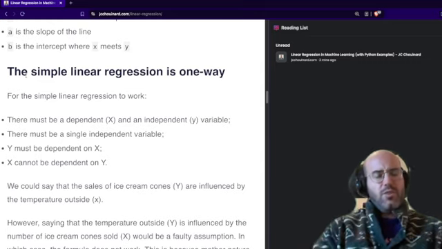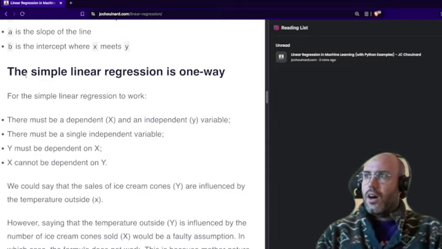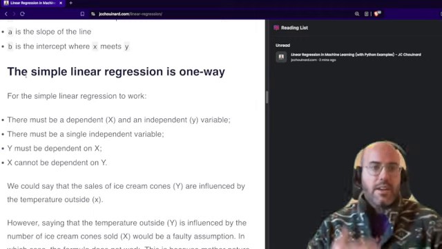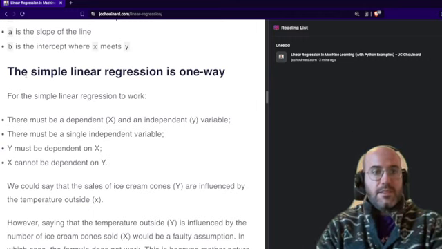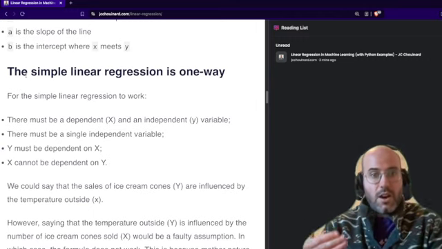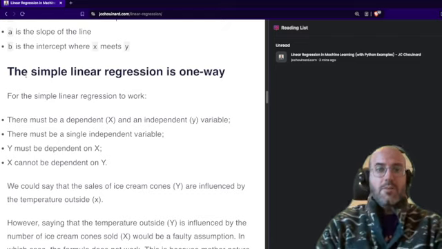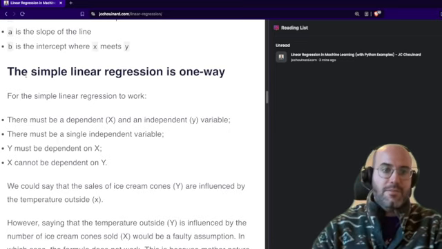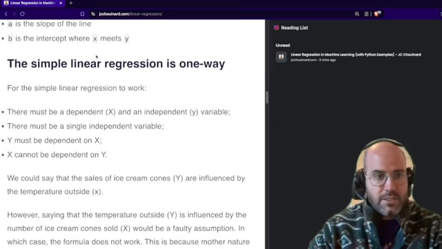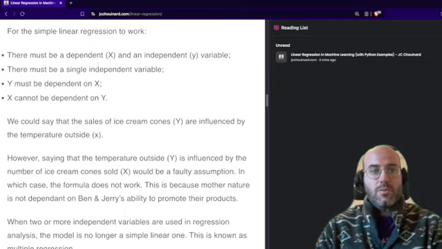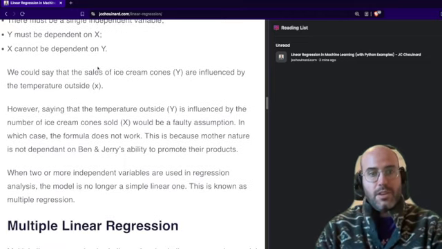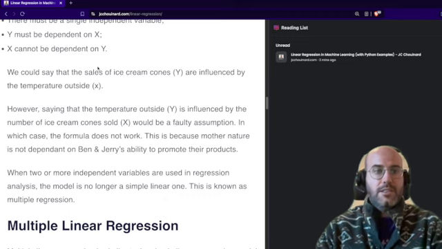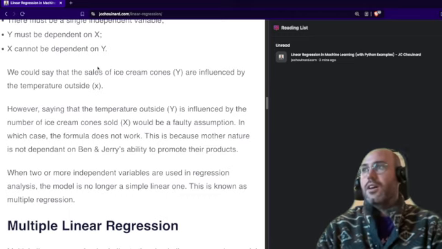If we come back to that ice cream cone idea that we discussed earlier, we could say that the sales of ice cream cones are influenced by the temperature, but saying that temperature will change whether or not I sell ice cream is a faulty assumption that you cannot make. It doesn't work because Mother Nature is not dependent on Ben and Jerry's.